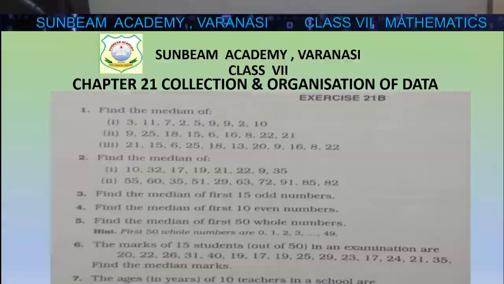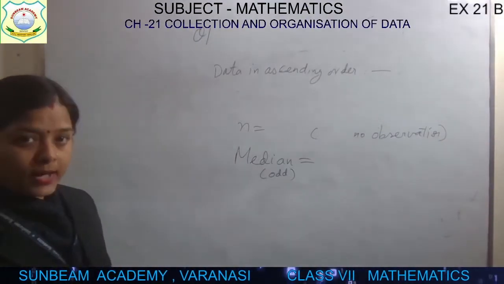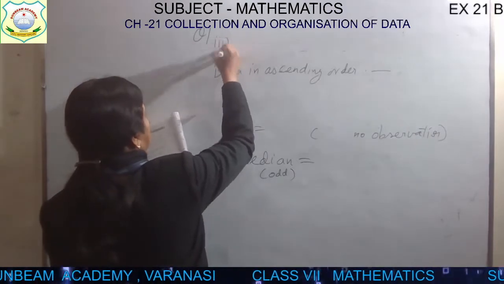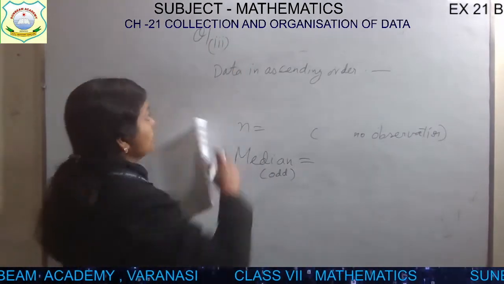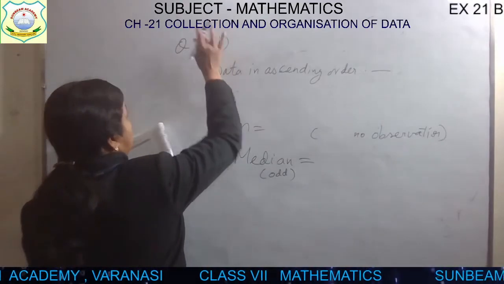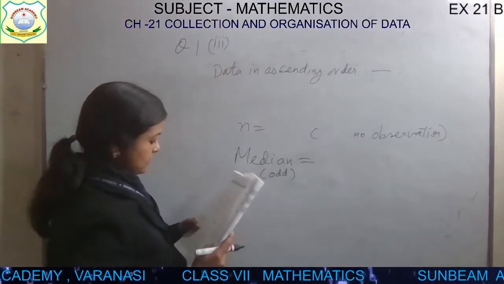We have to write the question. Question number 1, third part. 1 कर रहे हैं, third part. ठीक है? Is it visible?